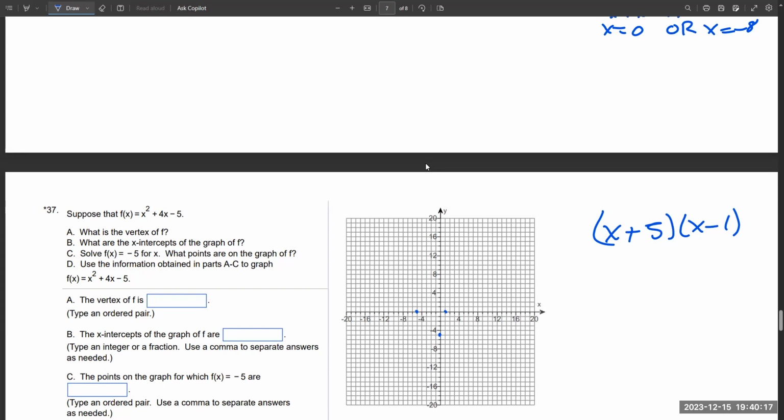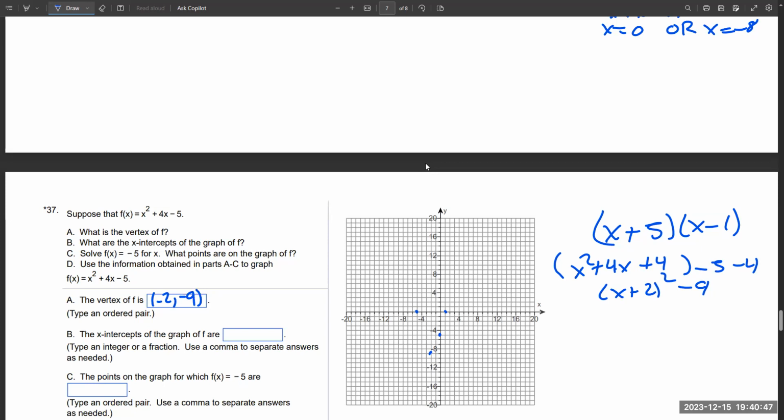Let's look for writing this in vertex form. It's 4x something minus 5. Half of 4 is 2. 2 squared is 4. This is going to be x plus 2 squared minus 9. I have -2, -9, like so.